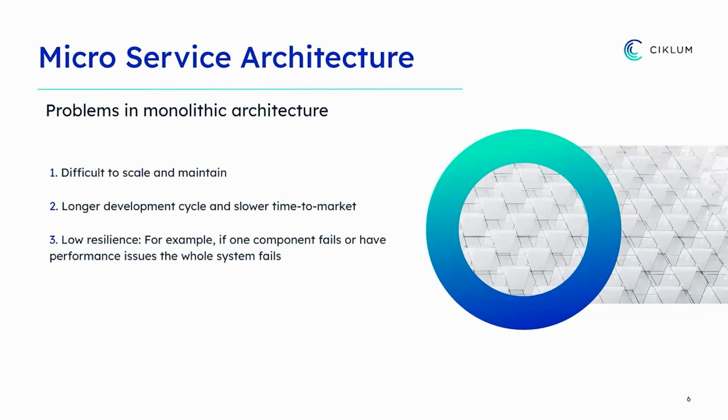Why is it difficult? Because in monolithic architecture, every functionality is in the same code base. The deployment is the same. So if you wanted to change a small feature of the whole architecture, you have to pick the whole bunch of code, fix it, do regression testing, do a complete testing, and make sure things are working fine.